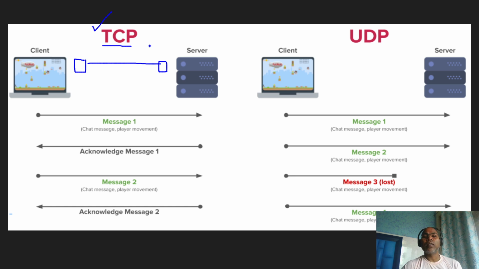Because they ensure every piece of data is fully transmitted between the devices, that will take some time. So this is not as fast as UDP, because TCP requires a dedicated connection between the devices, and once a message is transferred, it needs the acknowledgement.